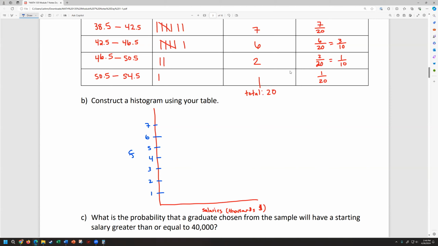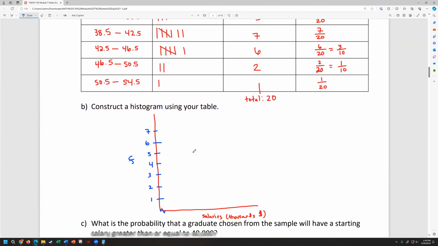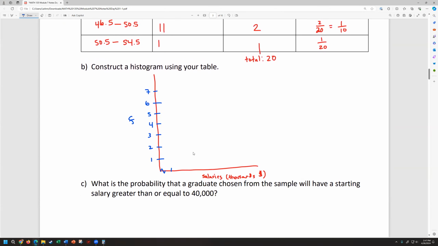My X values down here, you want to kind of equally space them, but we don't start from 0 to 1. We're kind of making a jump down the graph. This is called a line break or a graph break. It just means we're not starting right directly at the natural first jump from 0. We're kind of zooming in down the line. So our first interval needs to start with that 30.5, and we're just going to equally space these.